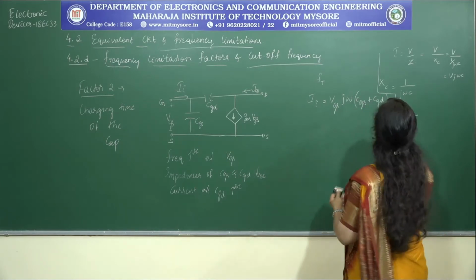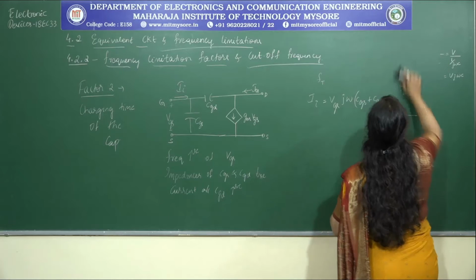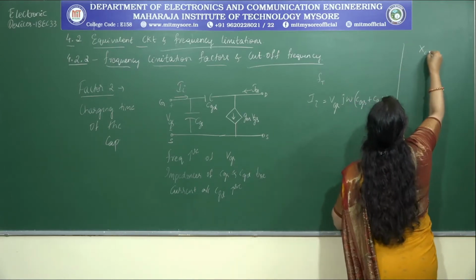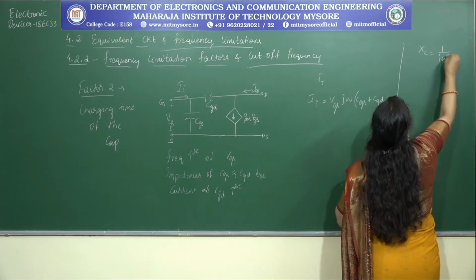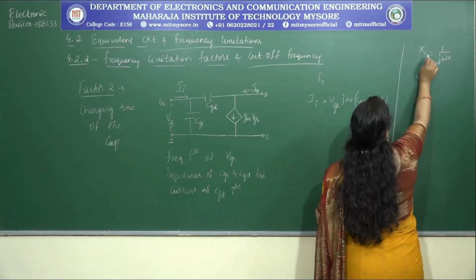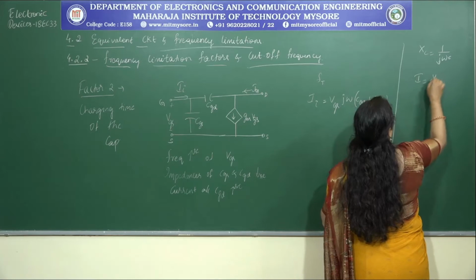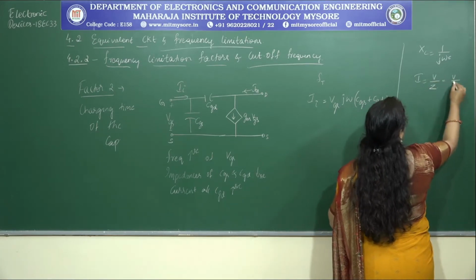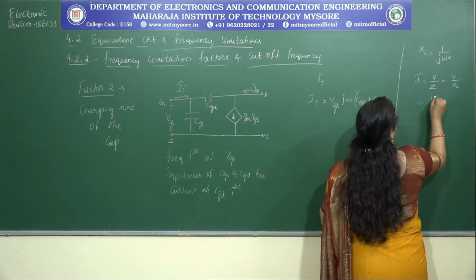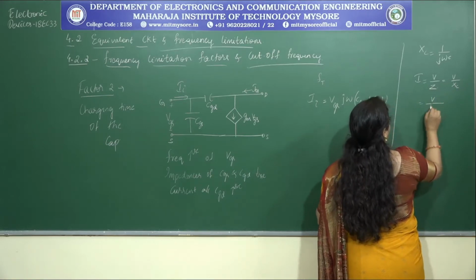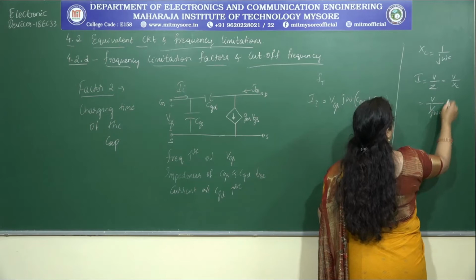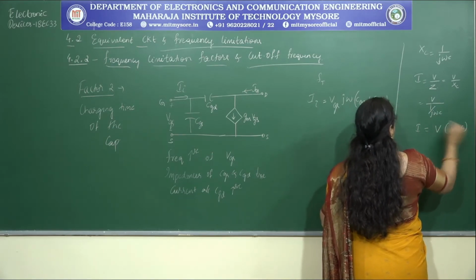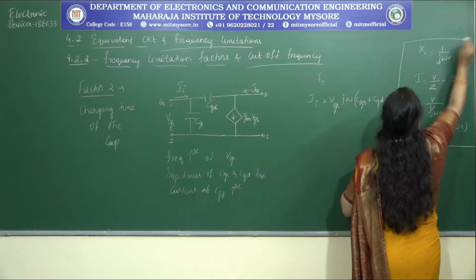Where did we start off from? XC, we know that it is 1 by j omega C. How will I represent the current? It is V by Z. Now, what is Z here? It is just XC. How will I substitute XC as 1 divided by j omega C? When I cross multiply, I will get V into j omega C. Done.